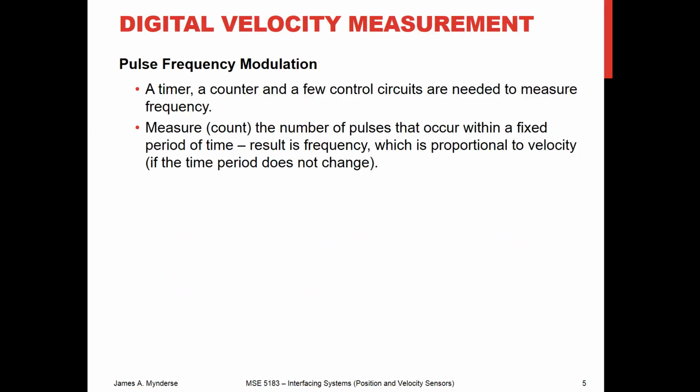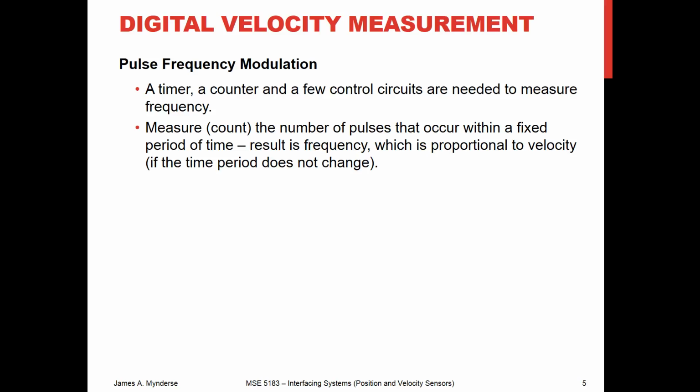If we go with the frequency option, we might call this pulse frequency modulation. And so if we want to design our own, we're going to need a timer, a counter, and a little bit of control logic. The idea is we want to count the number of pulses within some fixed length of time, and that's going to give us the frequency of the pulse occurrence, and we want that to give us a measurement of velocity, because ultimately that's what we want to know, how fast the block is moving past these predefined points.